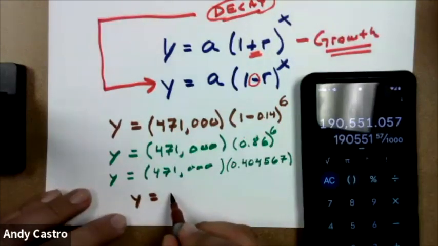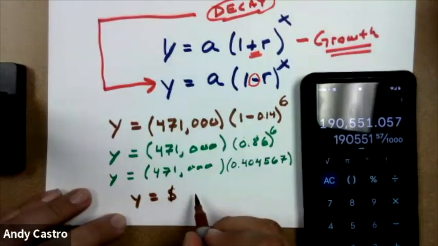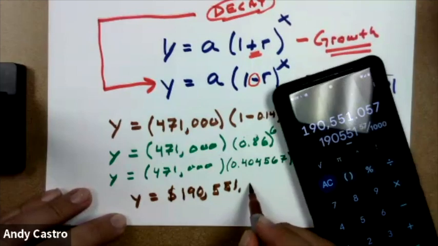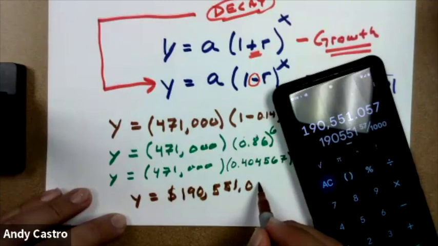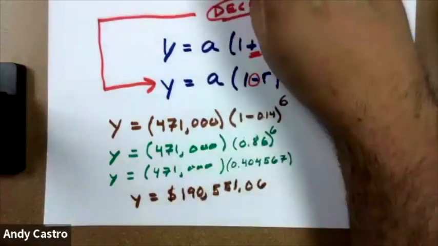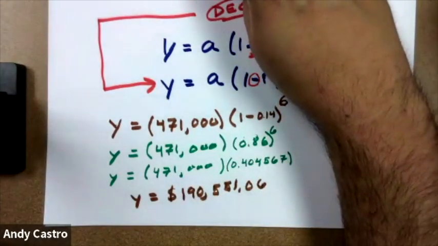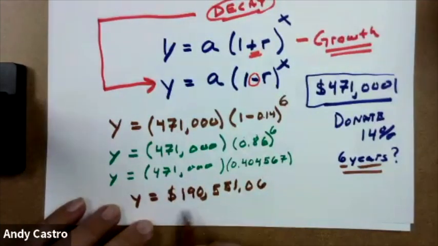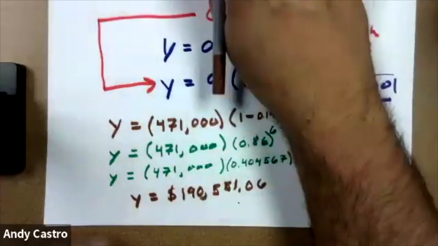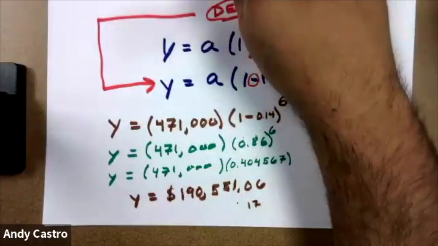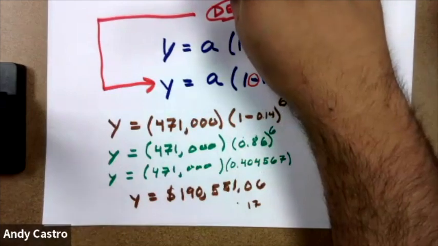And I'm left with, I know this is money, so I'll do my money sign, $190,551.06. Interesting. The answer had the same thing, but they had 17 cents. So they rounded a little bit different.